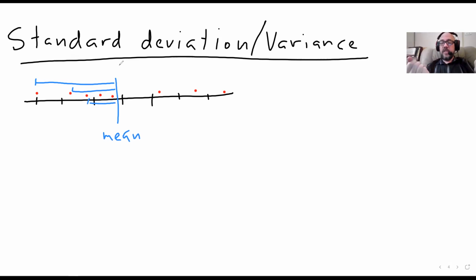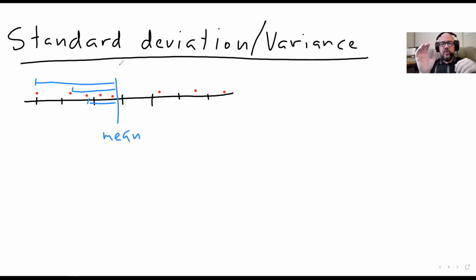And that's roughly what standard deviation is. I'm lying a little bit. I'll show you in a second. But that's basically what standard deviation is. It's an average distance away from the mean. So instead of measuring how far apart values in the data set are from each other, we define a central value and find out the average distance from that. And that's standard deviation.